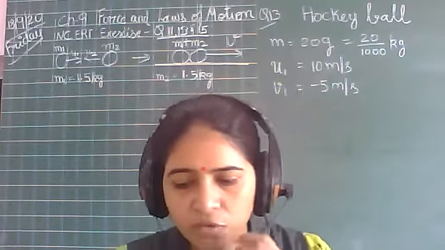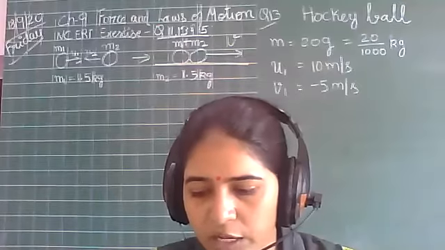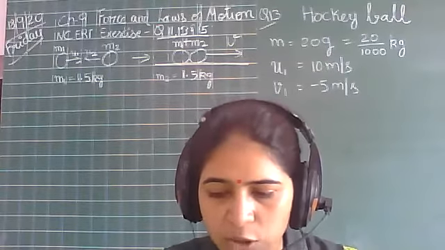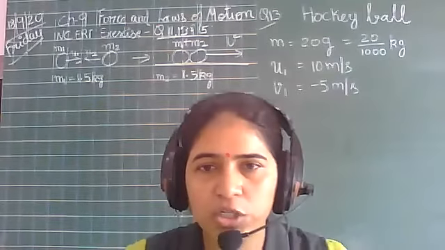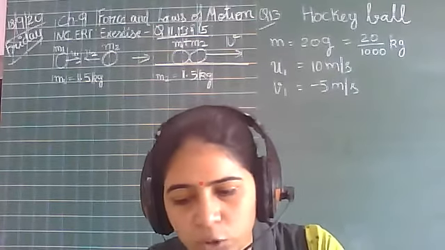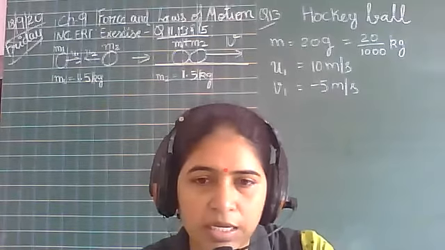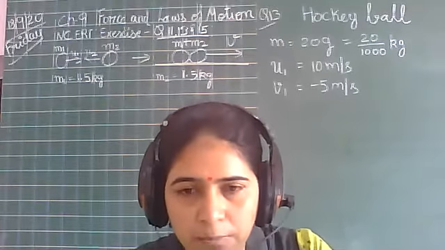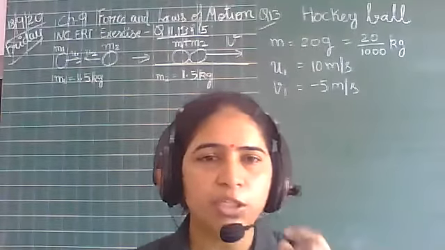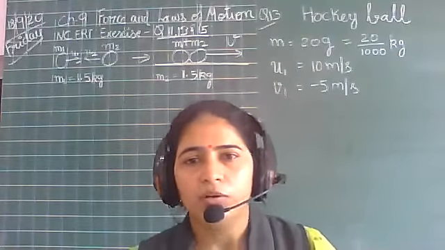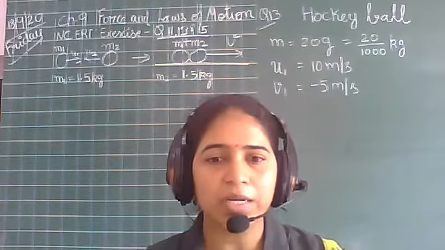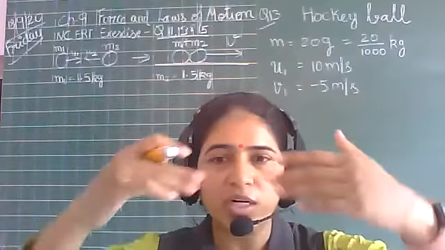Now, the velocity of each object is 2.5 meter per second before the collision, during which they stick together. Means before collision, before they collide with each other, their velocity is 2.5 meter per second. Each, meaning the velocity of both is same. But as they are moving opposite to each other, so what we need to do is we need to keep one velocity as positive and for the other object the velocity should be negative because they are moving towards each other.